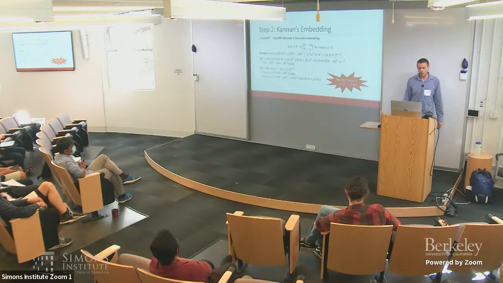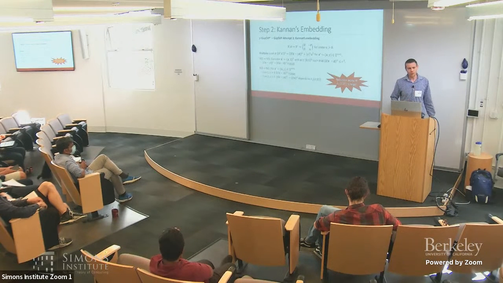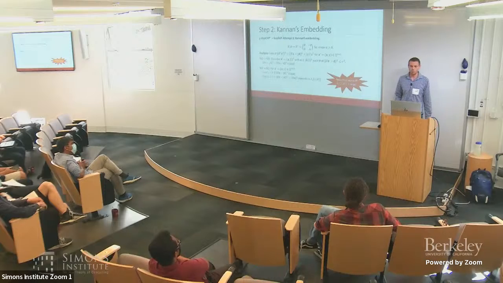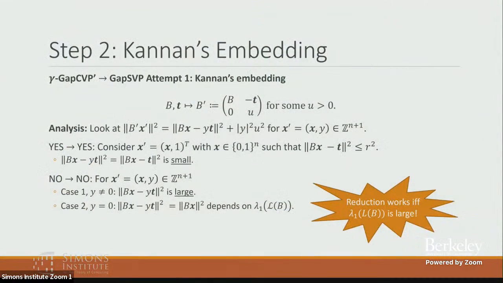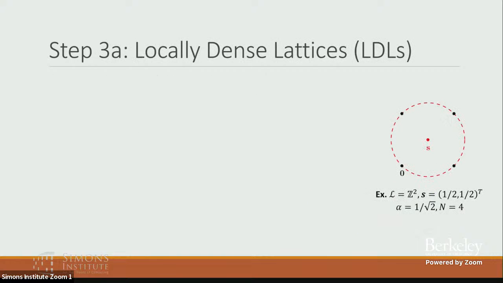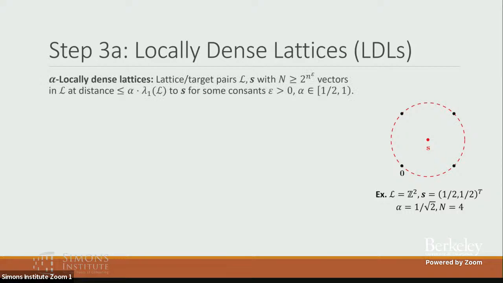So the standard approach, the Micciancio approach, is to do something a bit different. This is how you should think about it: we want to force the minimum distance of the lattice generated by B to be large. The way we're going to do that is using geometric objects called locally dense lattices. So what's a locally dense lattice?